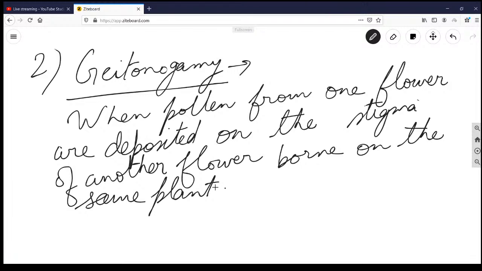This is known as geitonogamy because genetically it is self-fertilization.